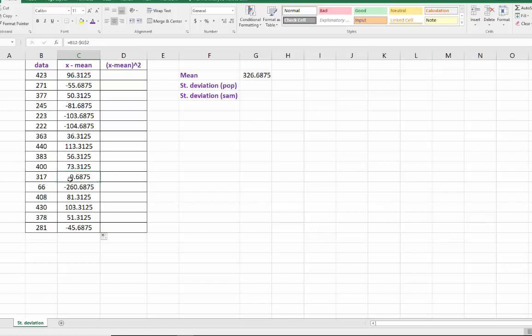Now what if I wanted to take a look at the average of the differences? On average, how do my values differ from the mean? That's what this x minus mean means. These are all differences of all observations in the set from the mean.